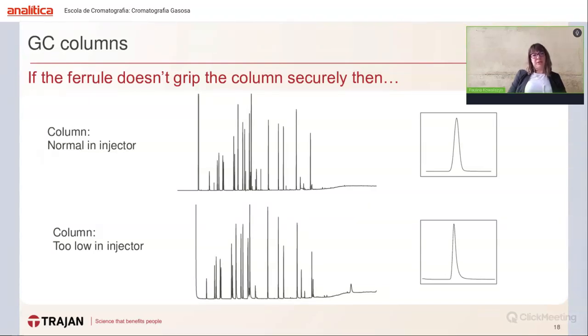Below is the chromatogram where the column was positioned too low in our injection port. You can see our peaks are tailing. We can see the raised baseline towards the end of the chromatogram. So this is the sign that we didn't position the column correctly in our injection port.